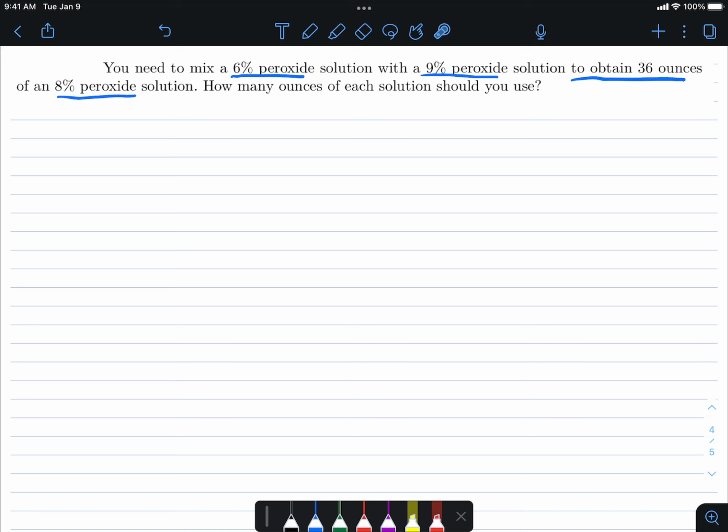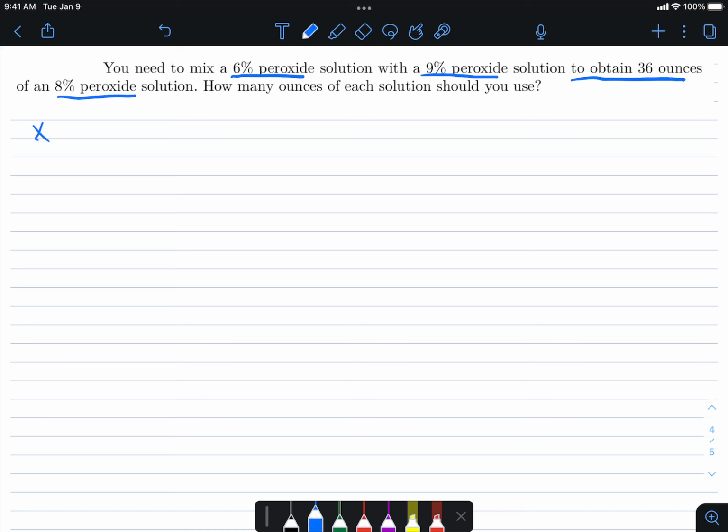Just imagine if you use all of the 6% solution and none of the 9%, you get a 6% solution. You can't make it more diluted than that, unless you mix it with water or whatever, like I said, which would be a 0% solution. But all right, let's translate that into equations.